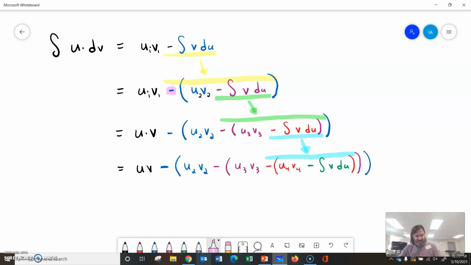So the first time the uv is positive. The second time the uv is negative. The next time the uv will be negative, negative. The next time it will be negative, negative, negative. So positive, negative, positive, negative.